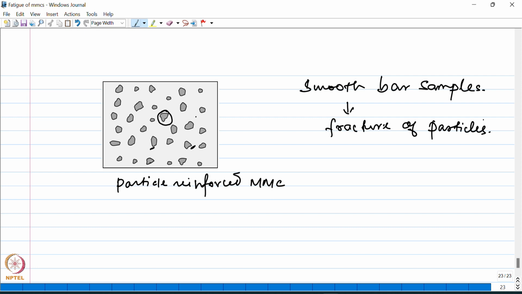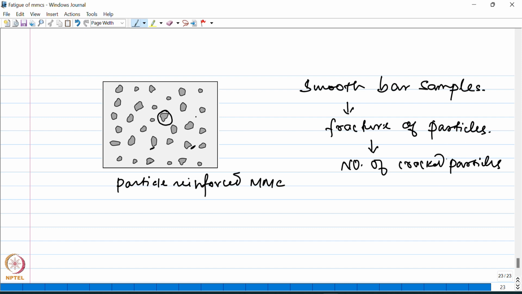And the number of such fractured particles has been found to be a function of the applied stress.